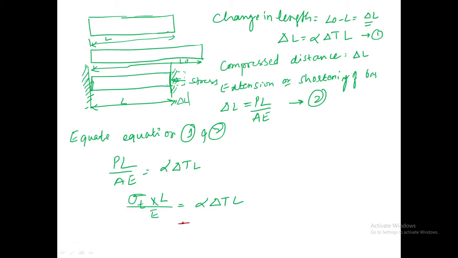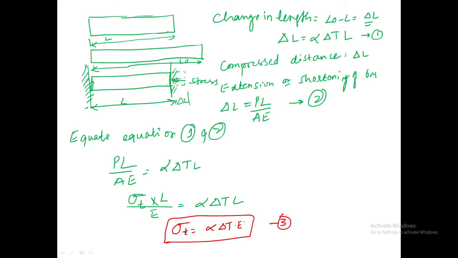So now the temperature stress sigma T equal to alpha delta T into E. You got this equation?